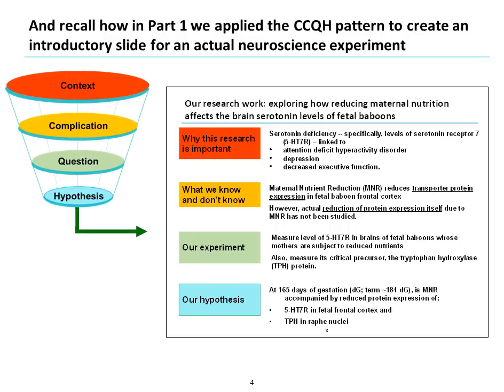Then we focused on the experiment, which contained the implied question: let's look at these levels of proteins in baboons who are subject to nutrient reduction. And the hypothesis was that yes, we would see an accompanying reduced protein expression as a result.